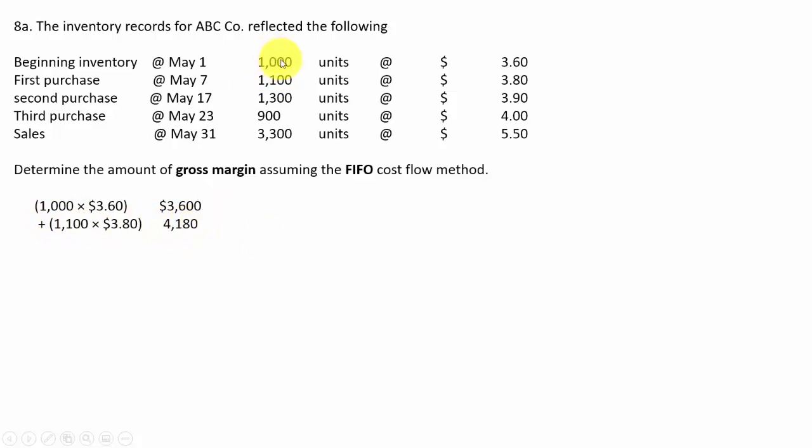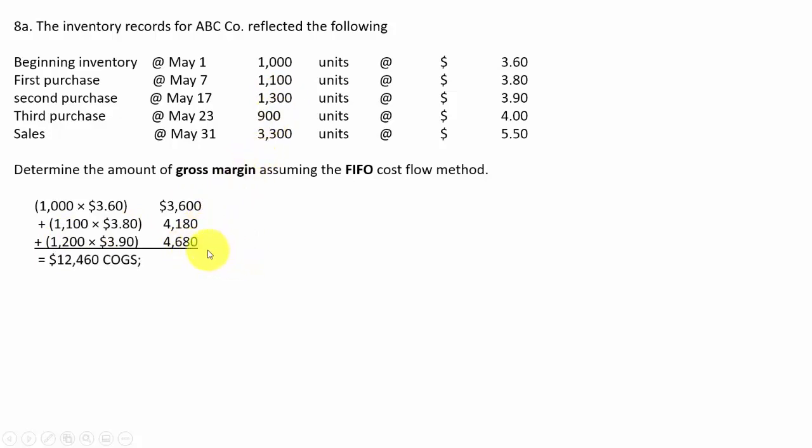Oh, by the way, I'm sorry, I made a mistake back up here. Let's keep on what we're doing. We sold 1,000 of these. We sold all of these, right? We sold all of these, which is 4,180, and we've sold 1,200 of these. All right, so that's going to be 4,680 together.